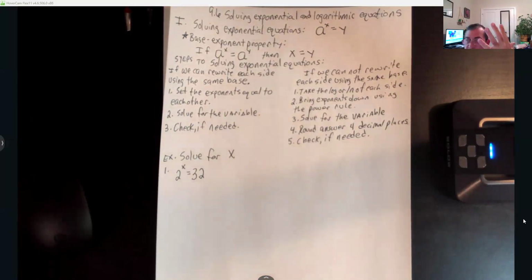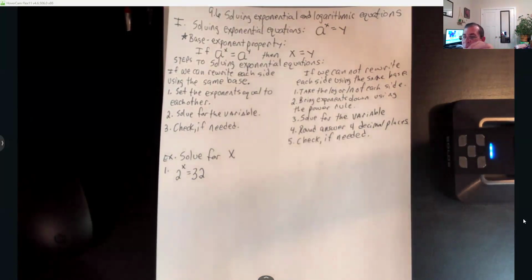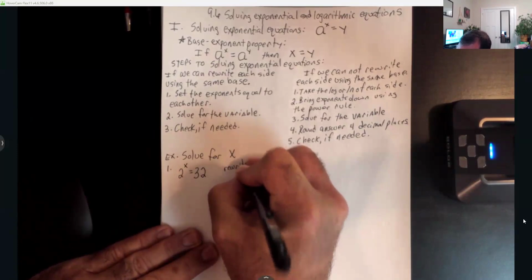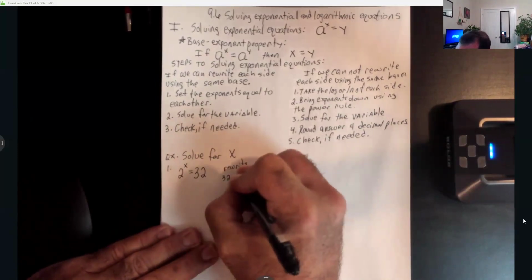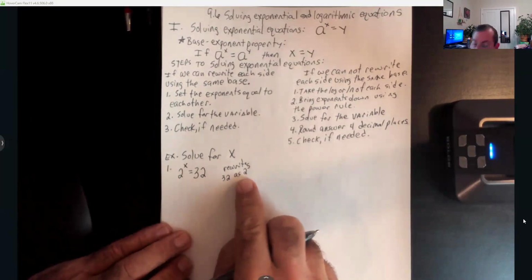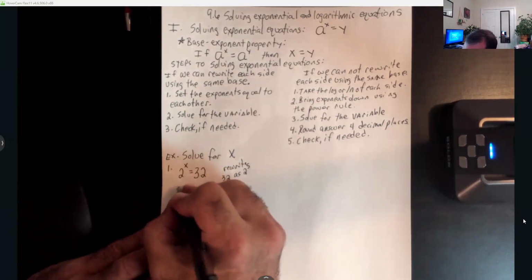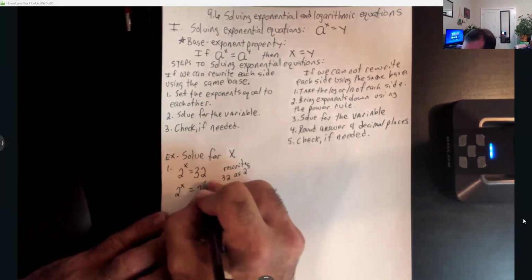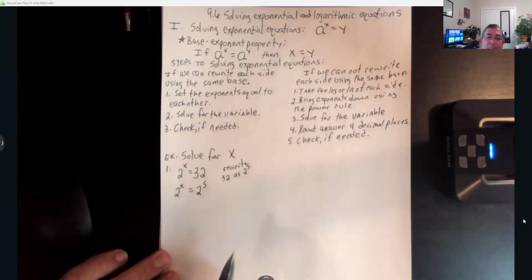So you can use 2 multiplying times itself to get a 32, and that was 5 2's. So what I'm going to do is rewrite 32 as 2 to the 5th power. So that's going to give me 2 to the x equals 2 to the 5th power.